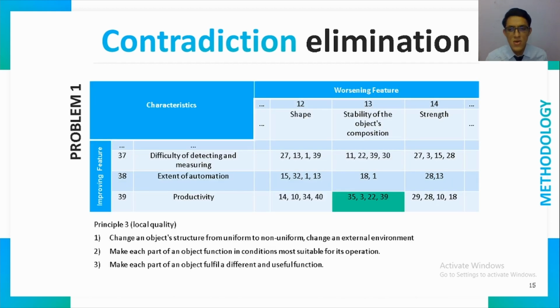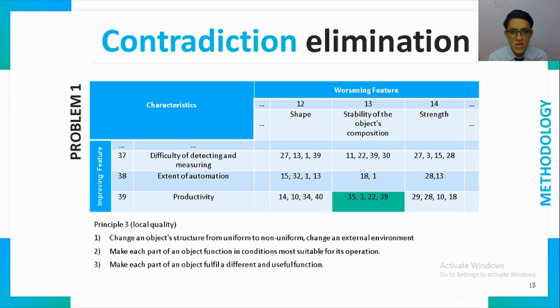Next is contradiction elimination. The table shows the principles that correspond to the contradiction. For the first problem, the improving feature is number 39, productivity, and the worsening feature is number 13, stability of the object's composition. There were four principles, 35, 3, 22, and 39, that correspond to the contradiction.